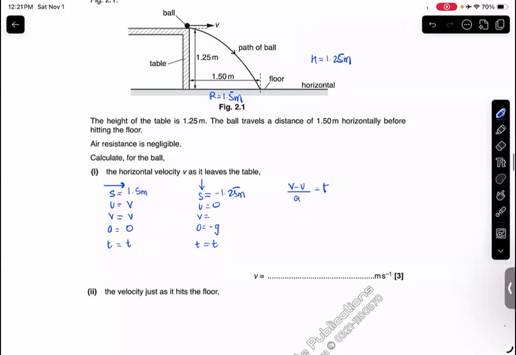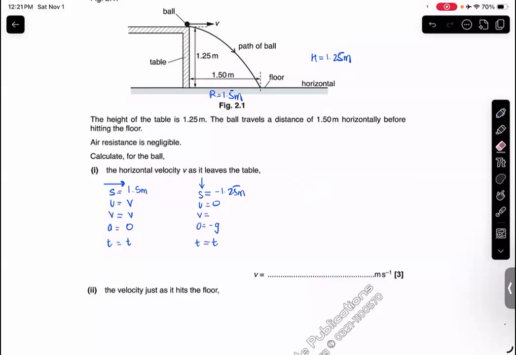Okay, crap. But wait, we know what S is. Can we use S equals UT plus half AT squared? I think so, yes, we can.